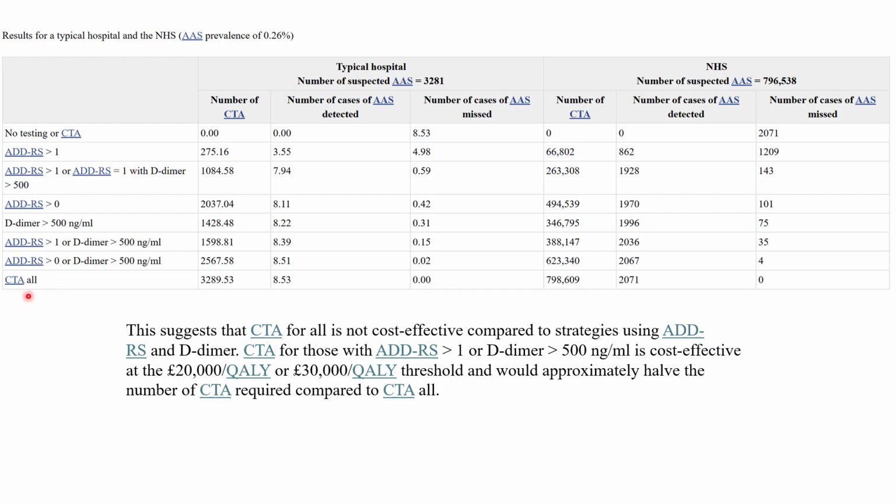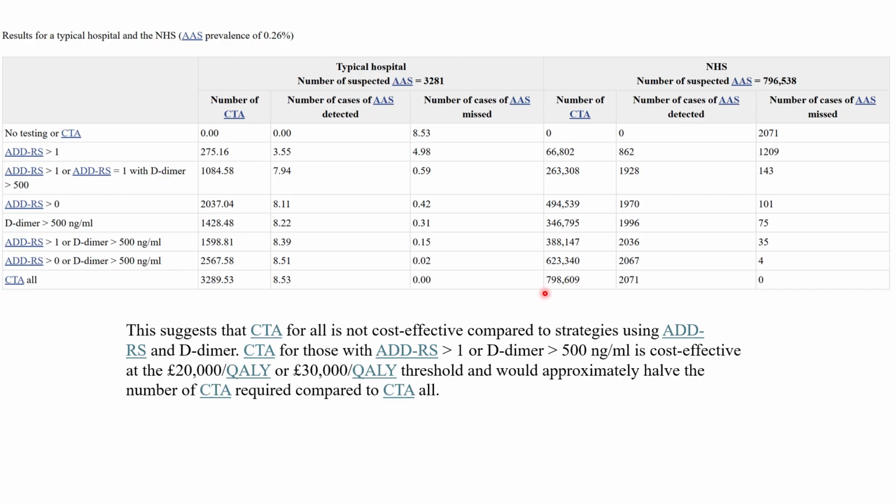And on the other hand, in the other spectrum here, you'll do CT scans on everyone. How many CT scans will that take? Across the entirety of Britain, the number of CT scans to be done is 800,000 to find these 2,000 aortic dissections.